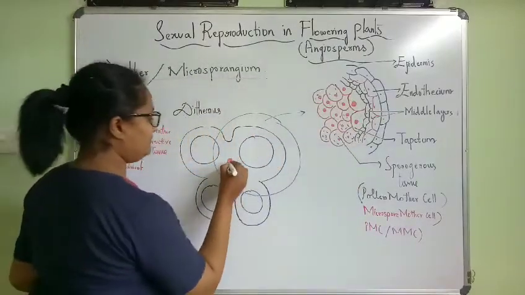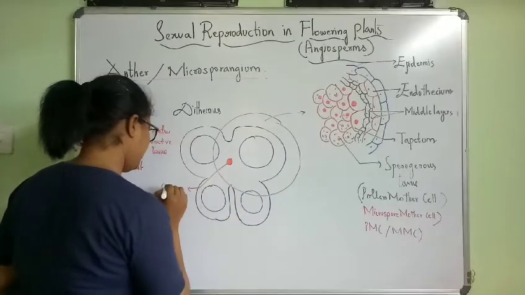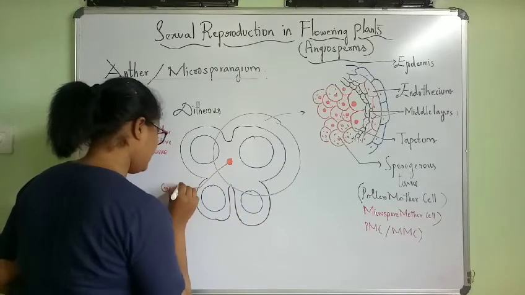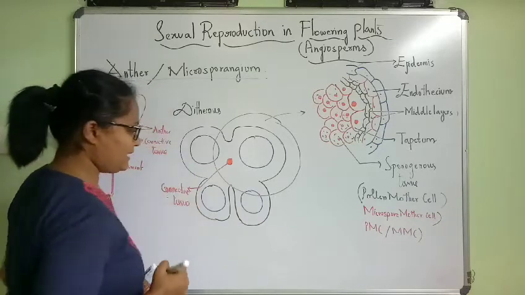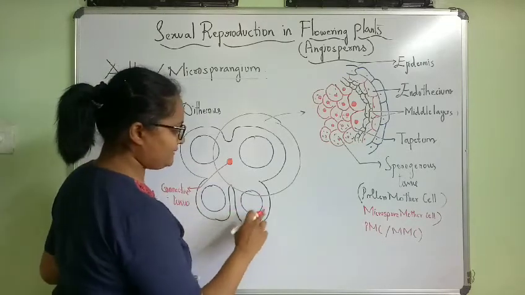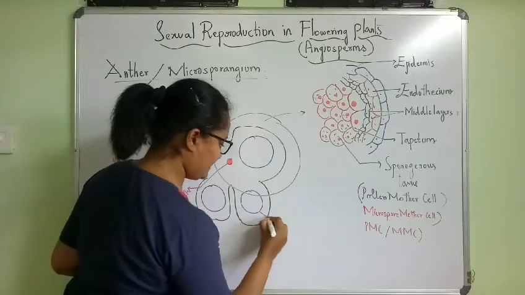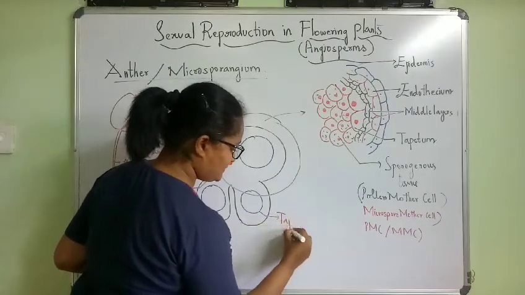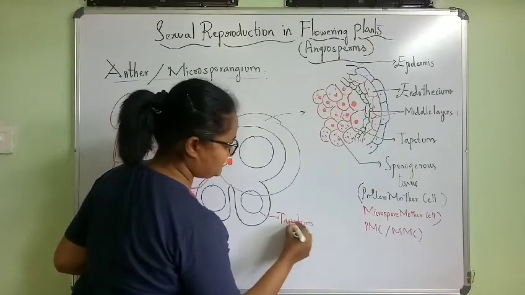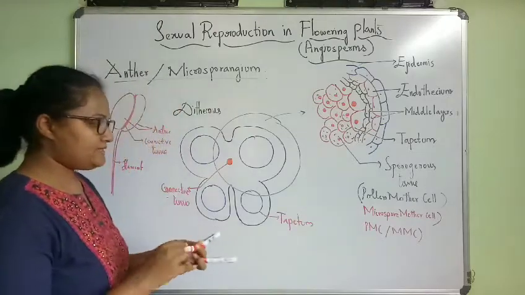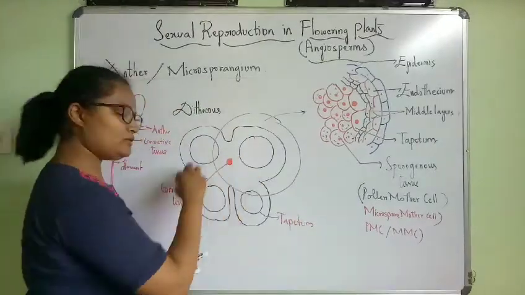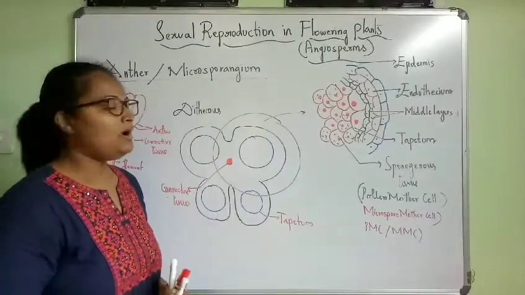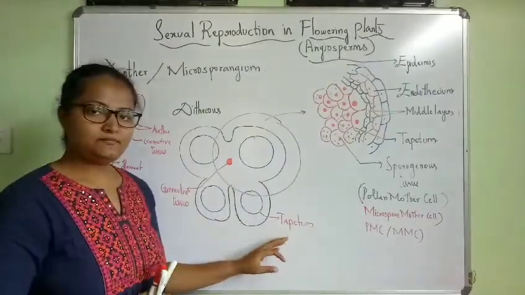And we know this is our connective tissue. Can you see this blue line where I have indicated there? One more time I'll draw here because it is very important, the tapetum layer, which is surrounded towards the microsporangia. Each microsporangium is surrounded by one layer called the tapetum.